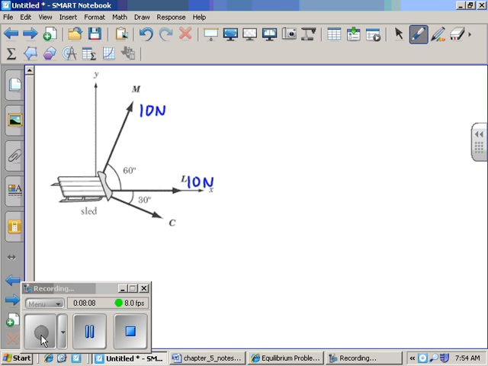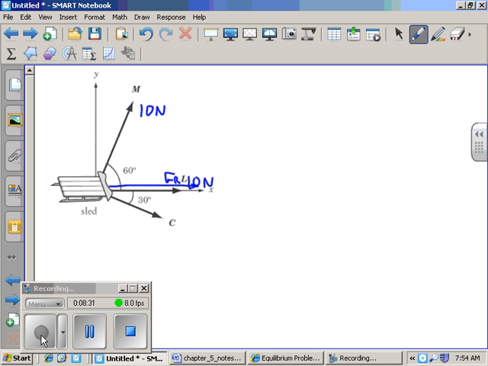So that means that the net force, or the resultant force, has to actually be in the x direction. Well, that's kind of strange, because it doesn't look like, from this diagram at least, that will happen.